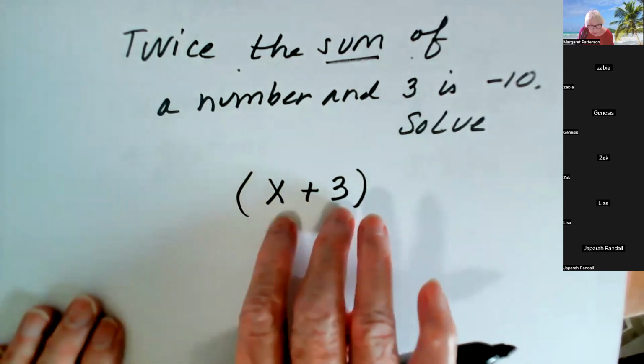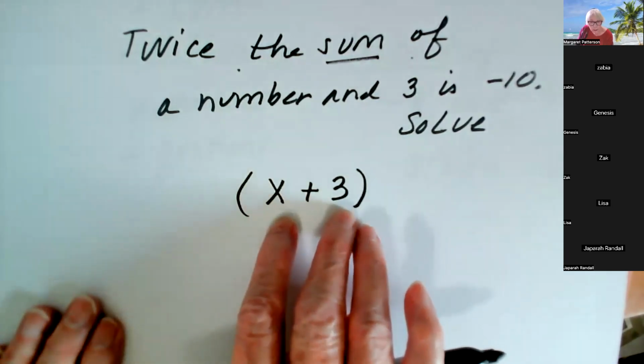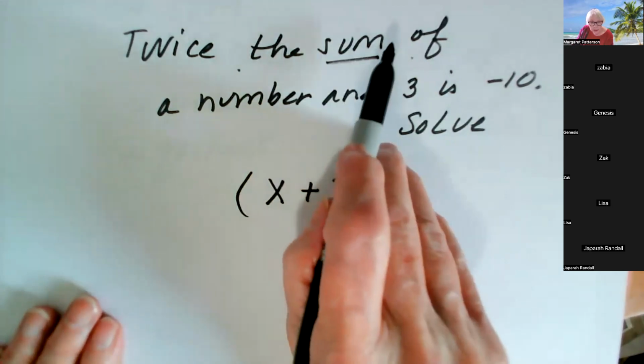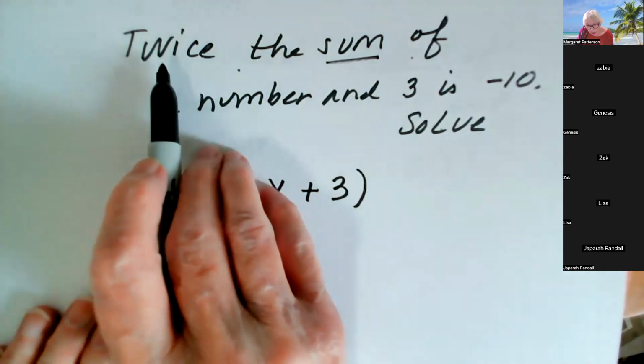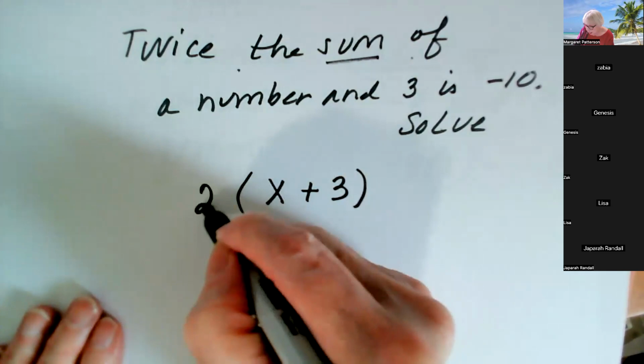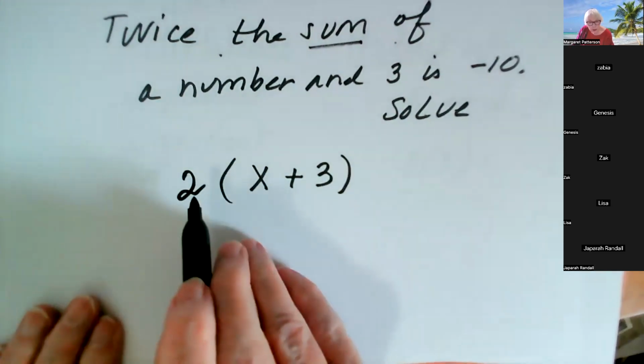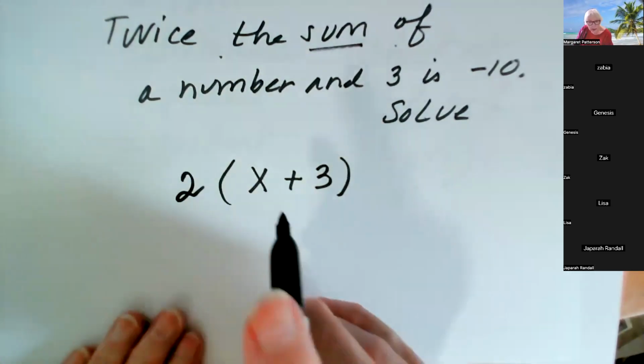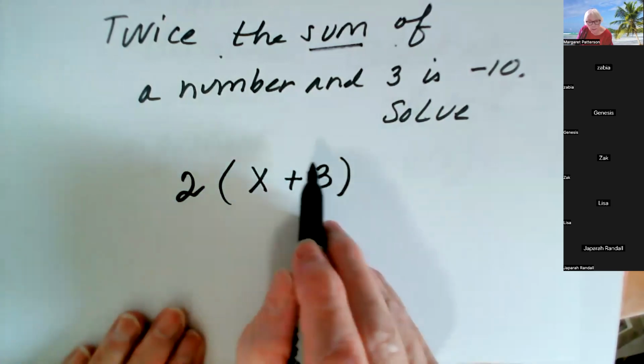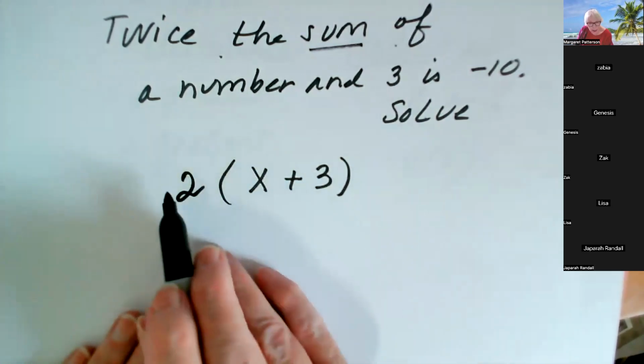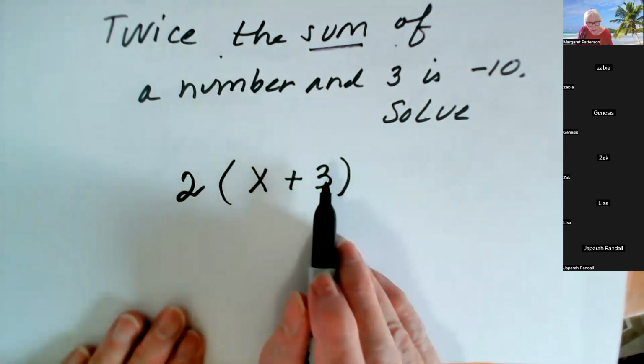And you can't really add them because they're unlike terms. So that's the sum, but now we want twice that. So the way they had us do it is put 2 and then the parentheses, so you double both of these. It's twice the X and it's twice the 3.